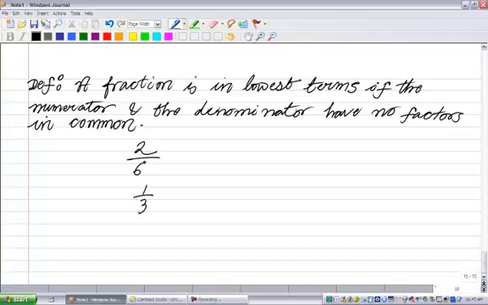Okay, you cannot find any such numbers. So how about, let's say, 2/5? That's in lowest terms because the numerator and the denominator are not divisible by the same number, right? You cannot find any number which divides both, except for, of course, 1. They have no common factors greater than 1, basically. Okay, it has to be greater than 1. So this is in lowest terms.